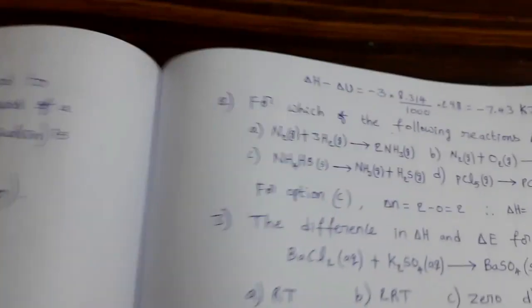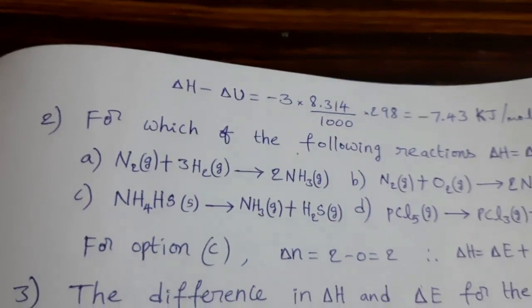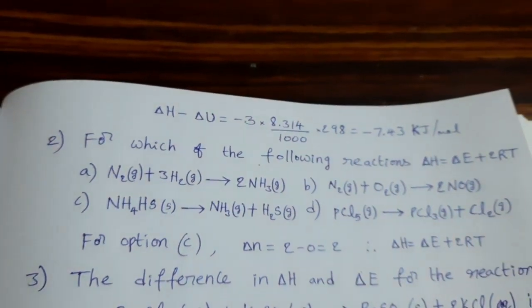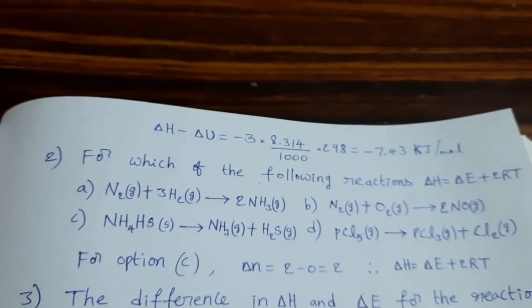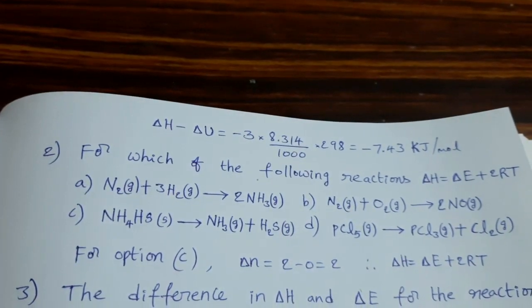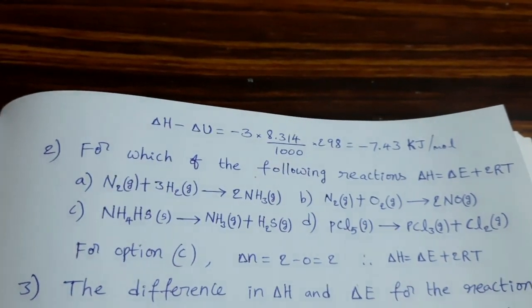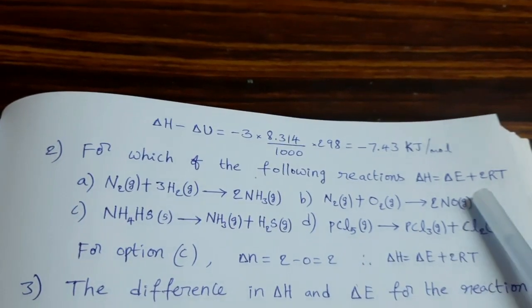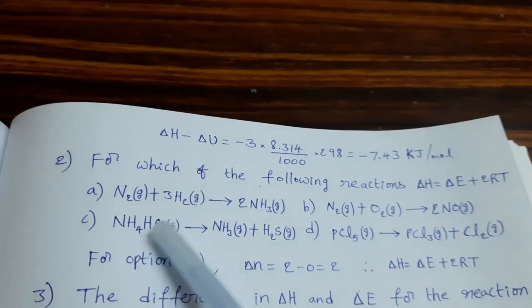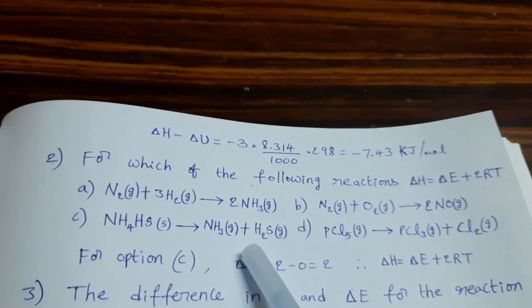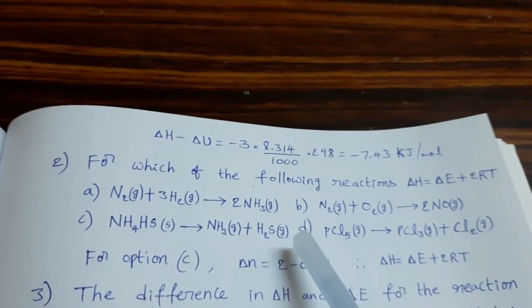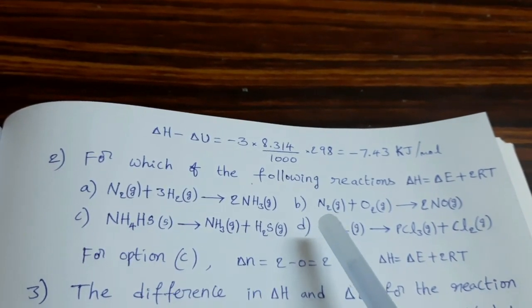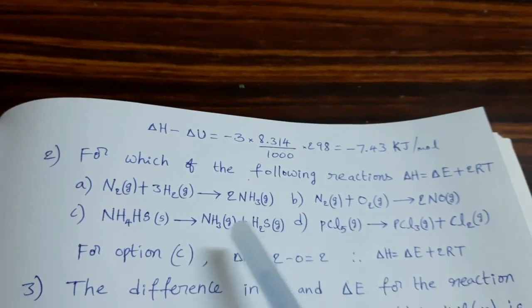Okay, see the next one. For which of the following reactions delta H equal to delta E plus 2RT? So 4 equations are given. For this, difference in number of moles of products and reactants we should calculate.